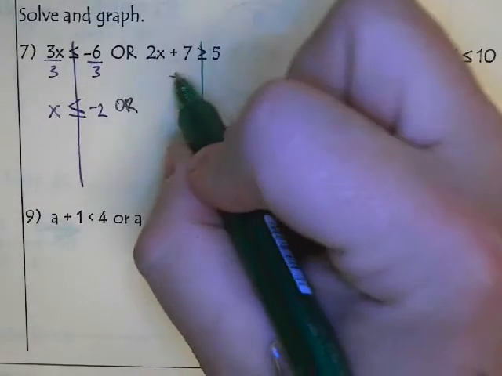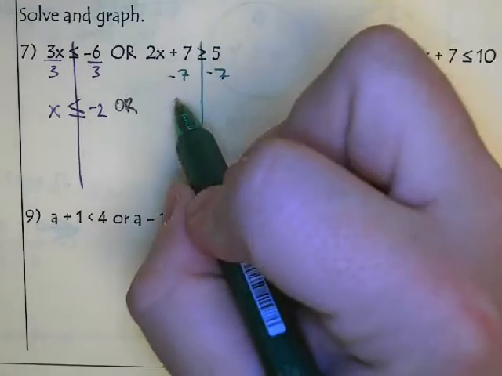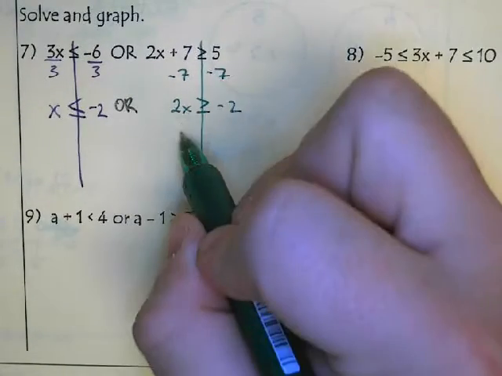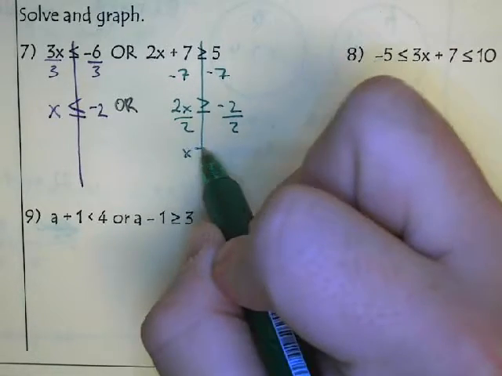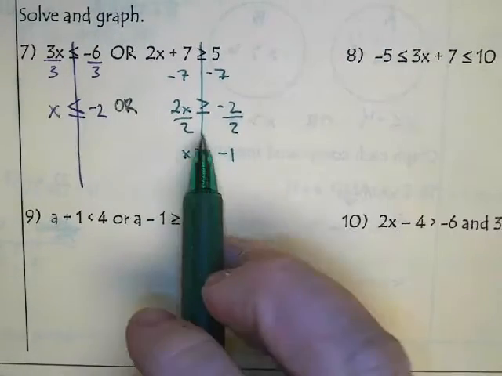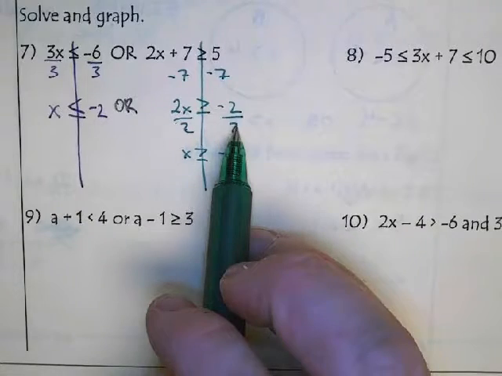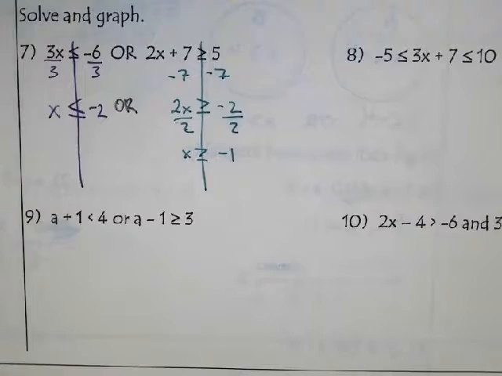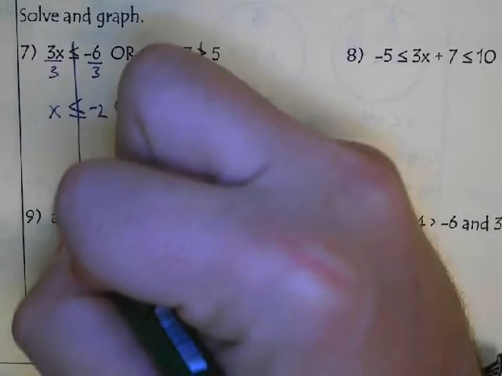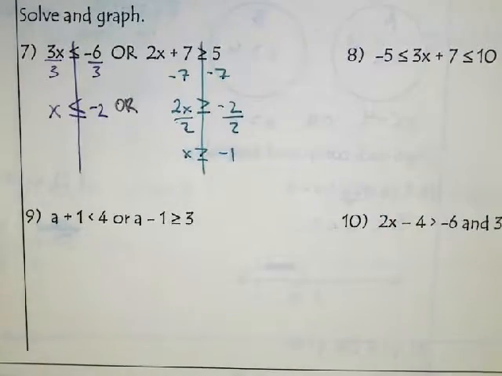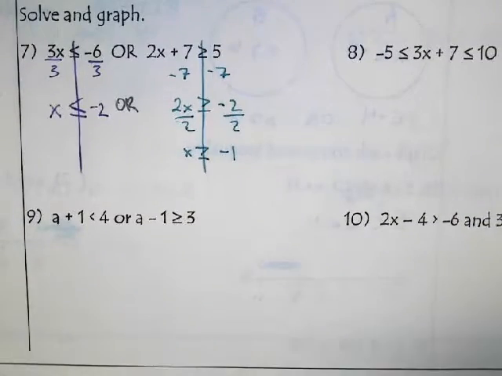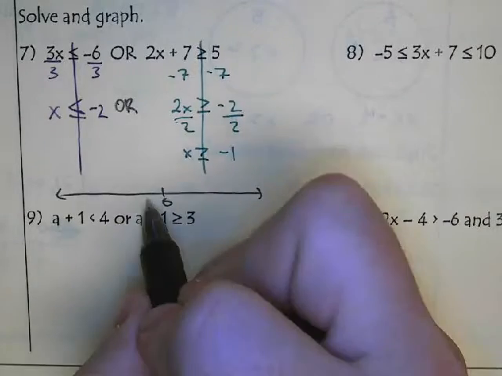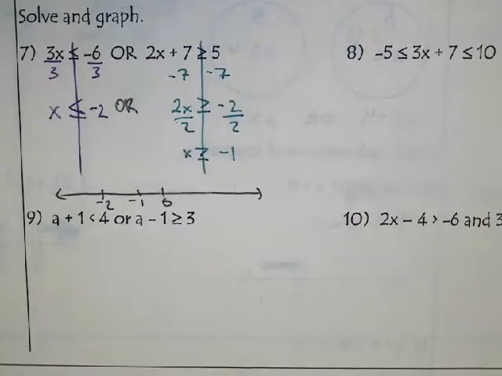We'll subtract 7 from both sides, and I'll have 2x is greater than or equal to negative 2. Divide both sides by 2, and we get x is greater than or equal to negative 1. Dividing both sides by a positive, so my sign stays the same. And then we'll graph them. So I'll draw my number line. 0, negative 1, negative 2.